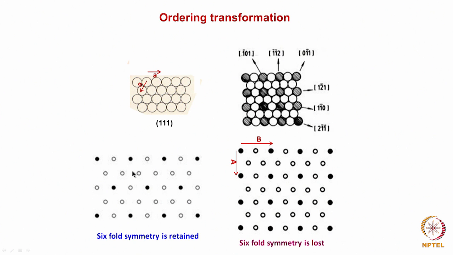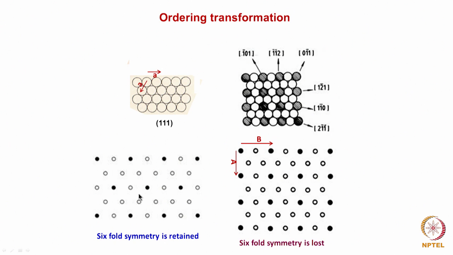In the next row, all atoms are of the same type. In the next row, again alternate atoms are of a different type, but they are shifted with respect to this one by half the lattice translation vector. So this is also another type of transformation.